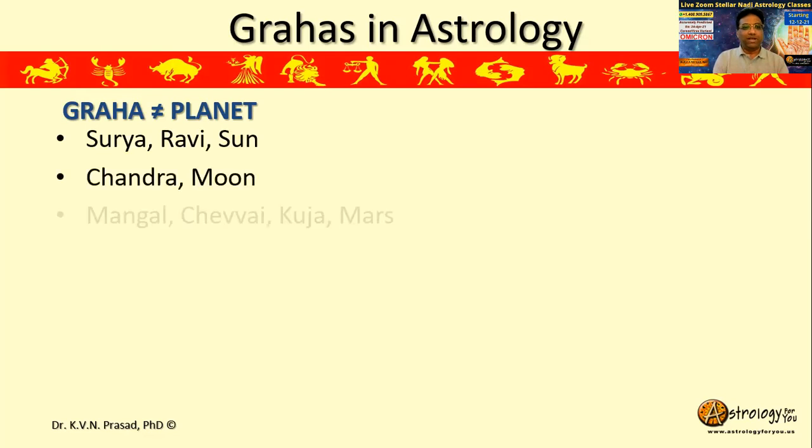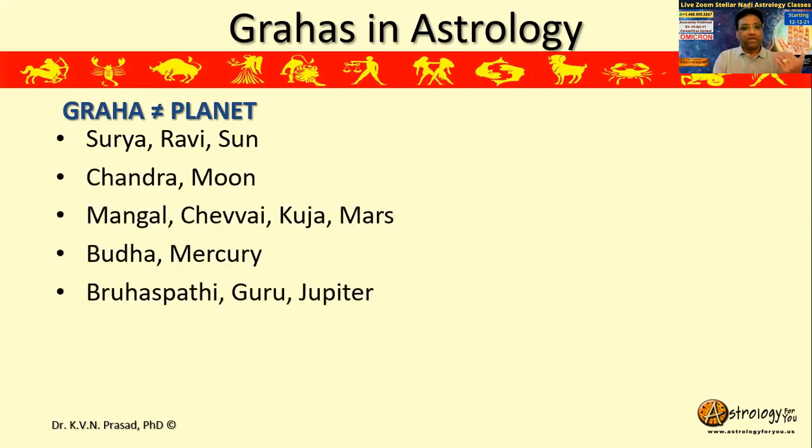So what are all those planets? Surya, Ravi, Sun. In Sanskrit, sometimes we call it Surya and sometimes Ravi. Both are the same. Chandra is moon. Mangal, in Hindi and Sanskrit.